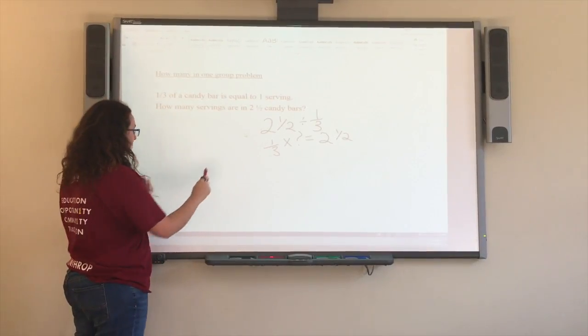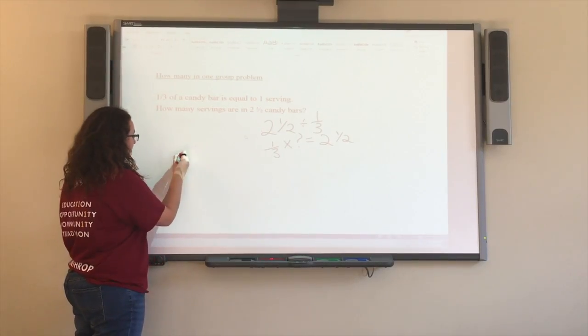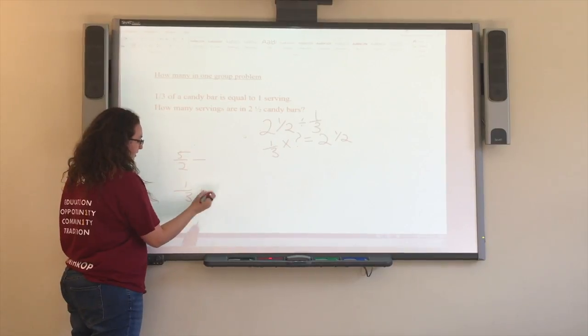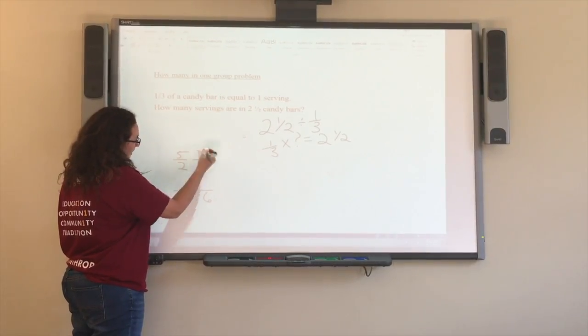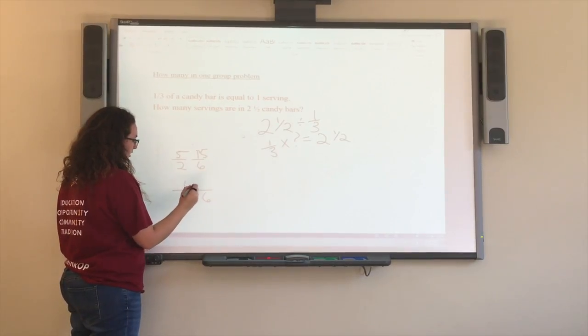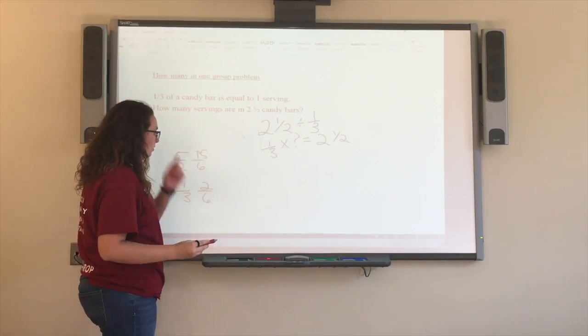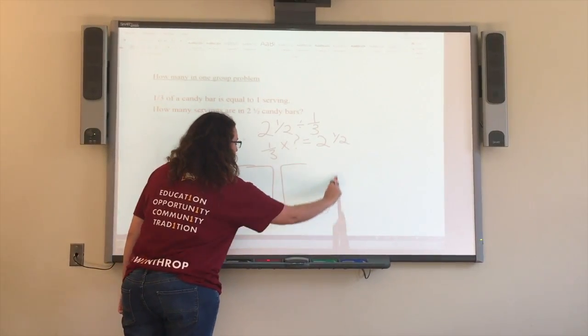First we have to find the common denominator. So we have 5/2 and 1/3, and it's the same as the previous problem, where our common denominator is 6. This is 15, 3 times 5, and 3 times 2 is 6, so 1 times 2 is 2.